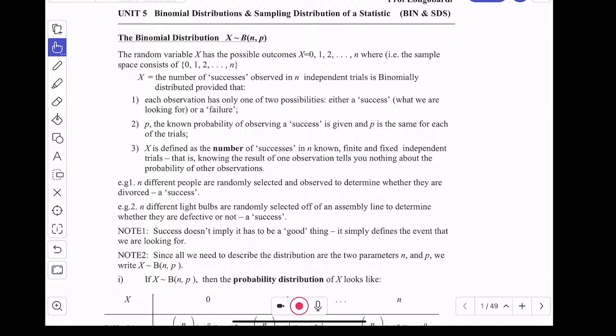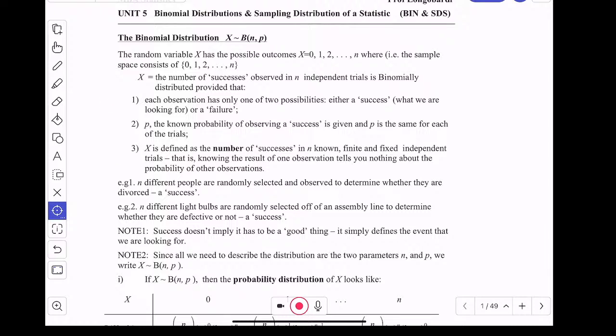The binomial random variable is defined as the number of successes observed in n independent trials. That's a general statement. And this will be the case provided these three criteria are met.